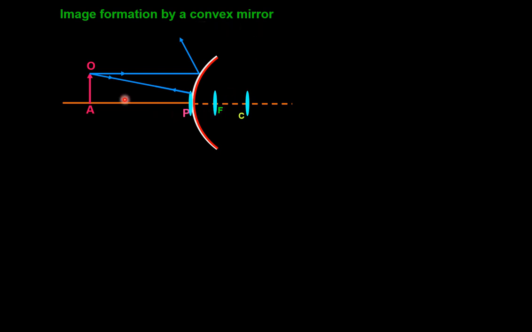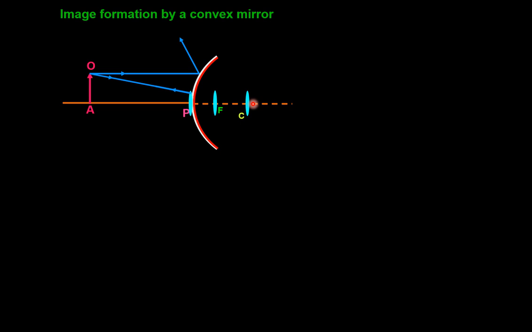Similarly, for image formation we require at least two reflected light rays. So for the second, I have taken a light ray which I am sending directing towards the center of curvature. What is the rule?